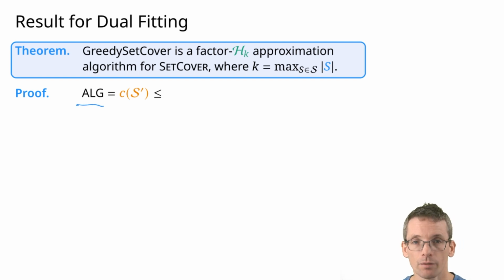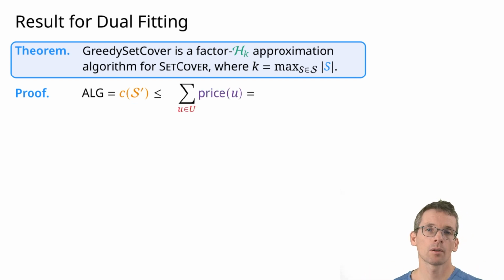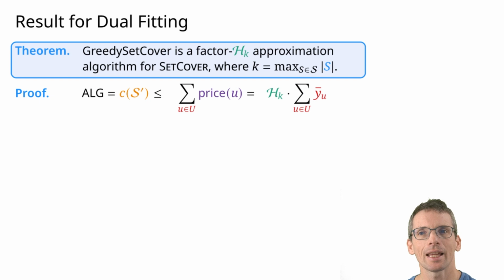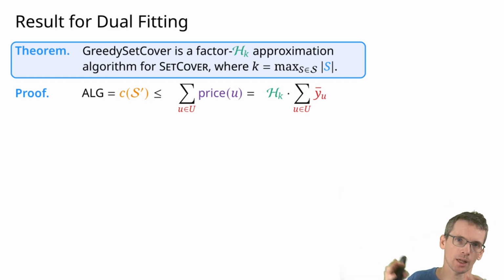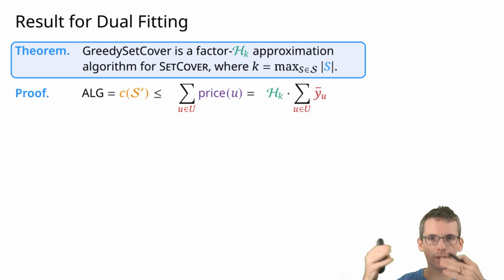The objective value that I get from my algorithm is the cost of the sets that I actually selected, which I can bound by the sum of the prices. And now if we express this in terms of the scaled dual variables, we get the k-th harmonic number times the sum of the scaled variables, because the sum of the scaled variables is the sum of prices divided by H_k.